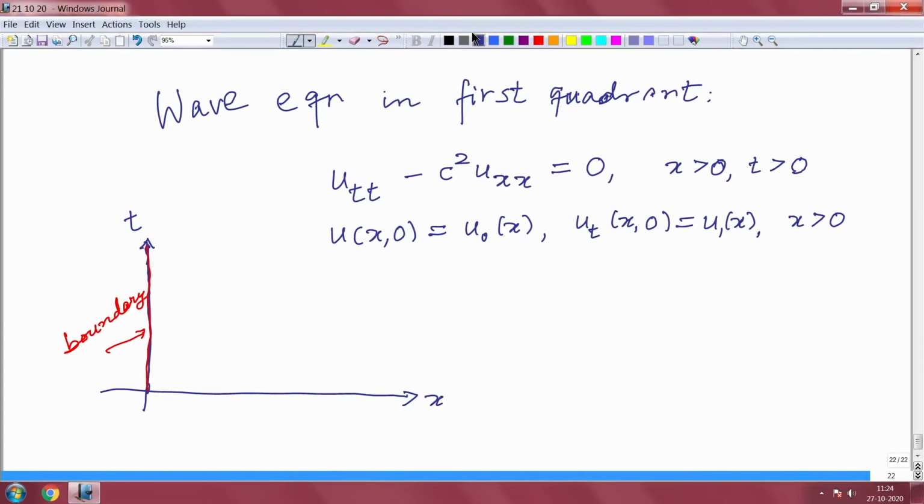So, for simplicity again let me just begin with. So, u at x equal to 0, t, I put h of t, and t positive. Okay. So, such problems are referred to as initial boundary value problems.